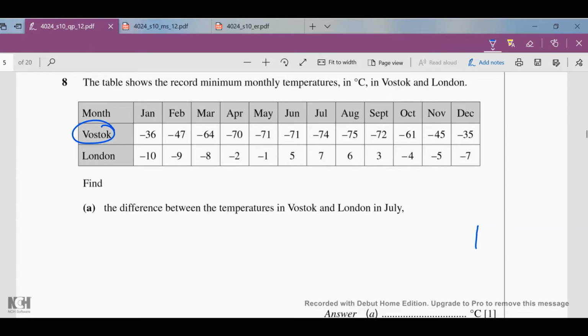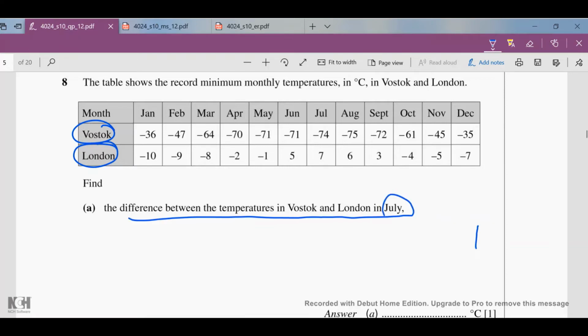Two cities we're having, Vostok and London. Degree centigrade temperature is given. Sorry, there are two cities here. The requirement is what? Find the difference between the temperature in Vostok and London in July.